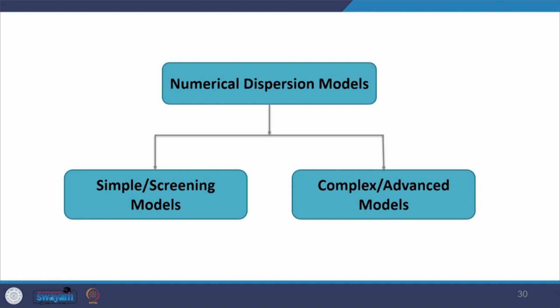In the screening models, very simple assumptions are taken about the behavior of pollutants in the atmosphere. They can be used with limited meteorological input data, such as minimum and maximum ambient air temperatures and minimum wind speed, with which worst case pollution concentrations can be estimated.